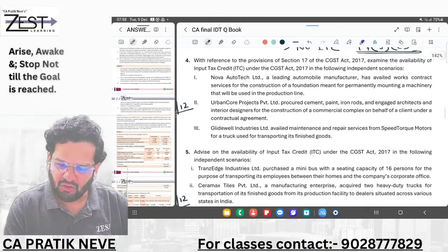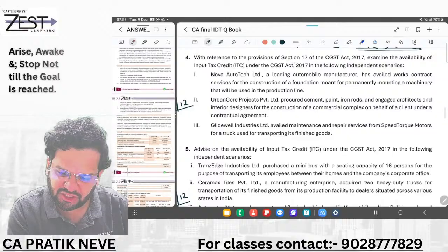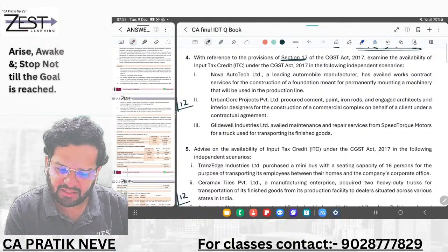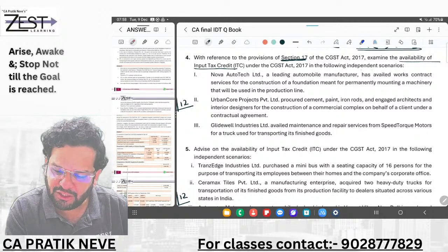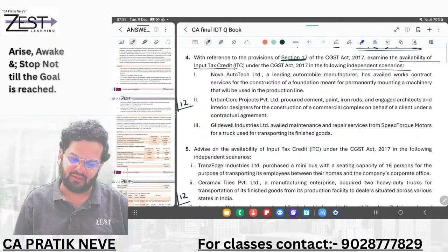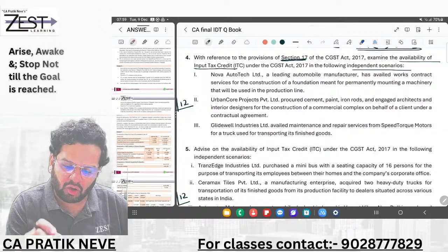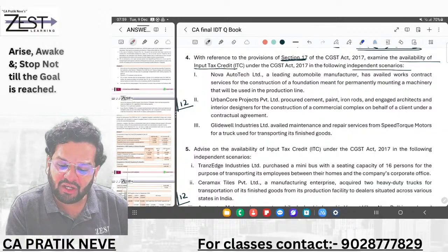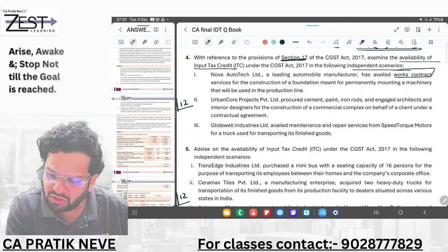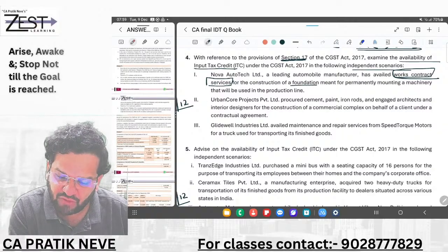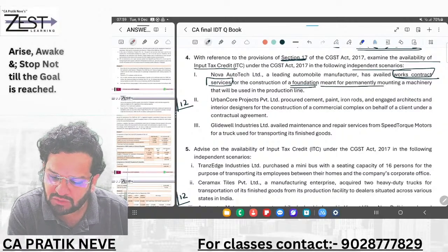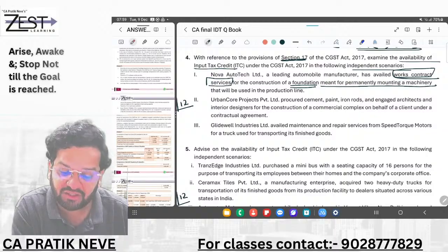Next, with reference to provisions of section 17, examine availability of ITC in the following independent scenarios. Nova Autotech Limited, a leading automobile manufacturer, has availed works contract services for construction of foundation meant for permanently mounting a machine.